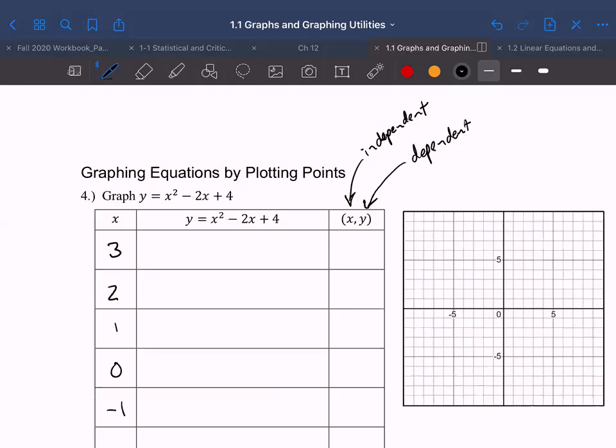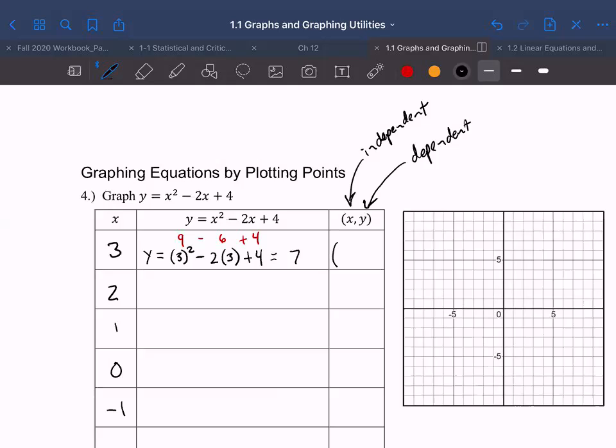So we can go ahead and plug this 3 in, and we will get y equals 3 squared minus 2 times 3 plus 4. If we do that all together, 3 squared is 9, 2 times 3 is 6, and so we end up with 9 minus 6 plus 4, and that ultimately gives us a 7.